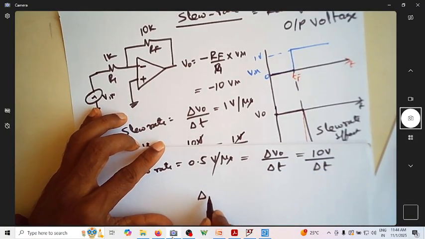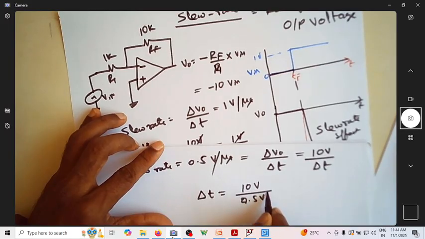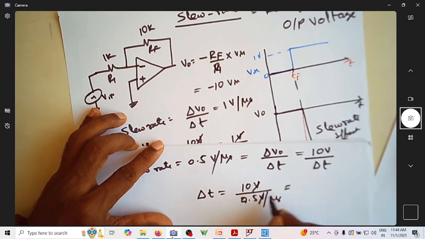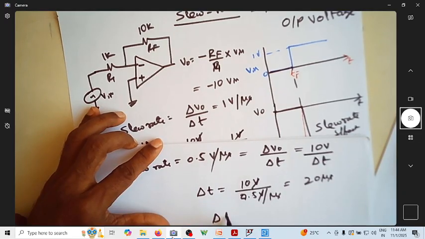So del T is equal to 10 volt divided by 0.5 volt per microsecond. 10 by 0.5 is 20, and the microsecond stays. So delta T is 20 microsecond.